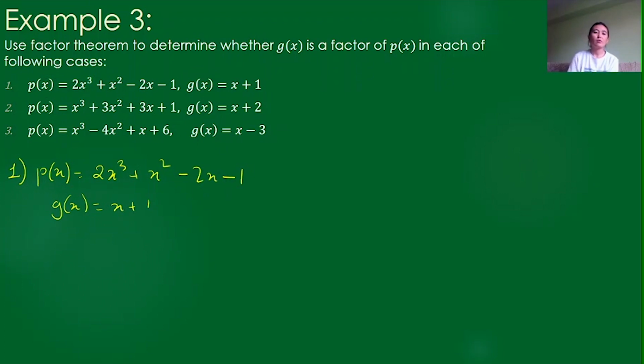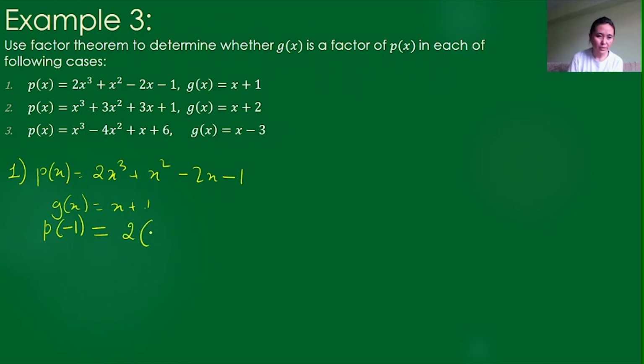Now the question states we have to check whether g of x is a factor or not. So what does the factor theorem state? The factor theorem states x plus 1 is a factor if p of minus 1 equals 0. So we have to check the value of the given polynomial at x equal to minus 1.